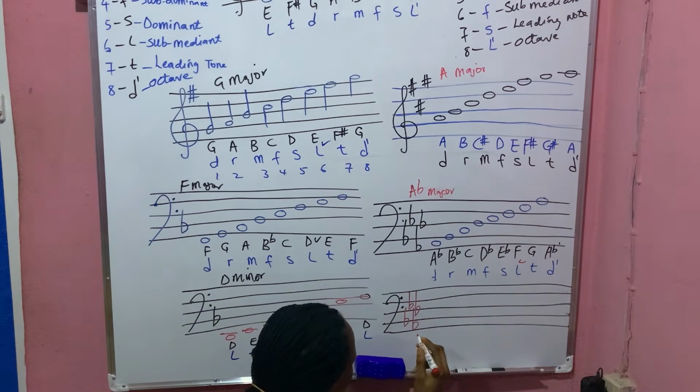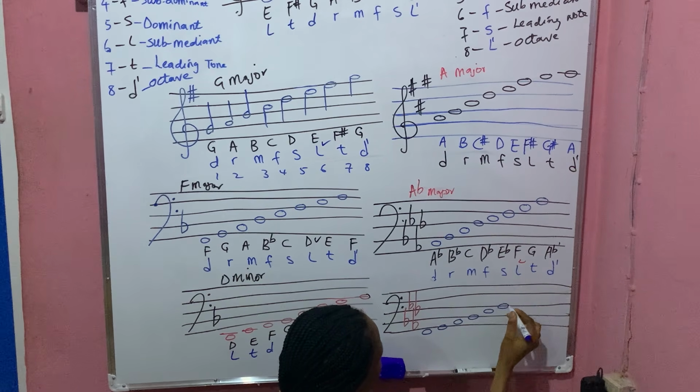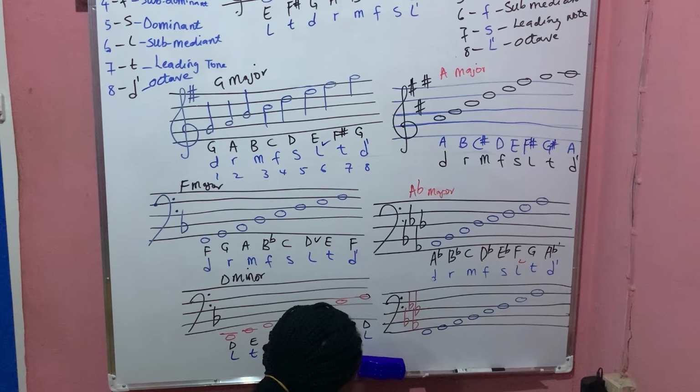Okay, so F, we have F, G, A, B flat, C, D, E, and F. So we have here F, right?